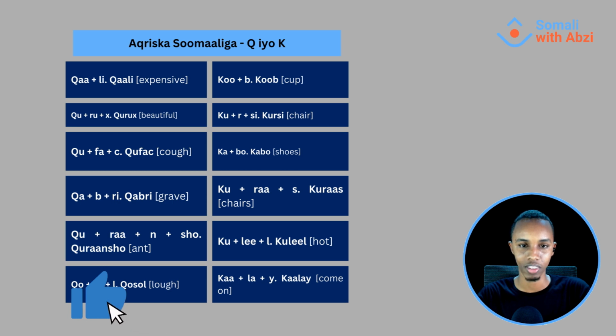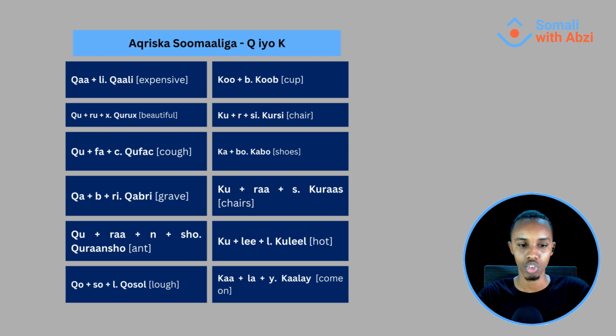Qu plus fa plus a, qufa'. Qa plus ba plus ri, qabri. Qu plus ra plus na plus sho, Quransho.